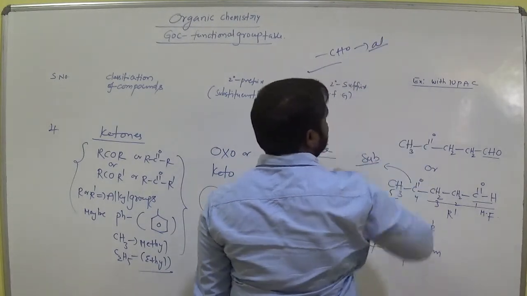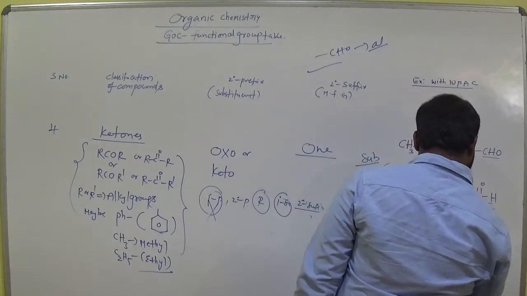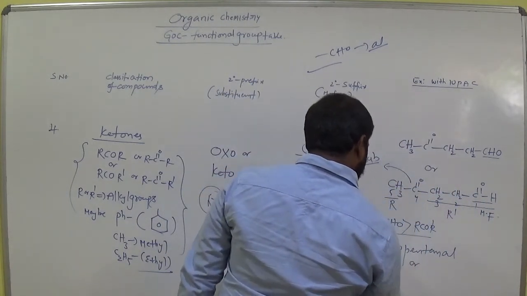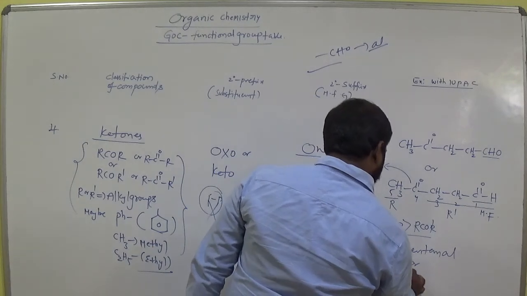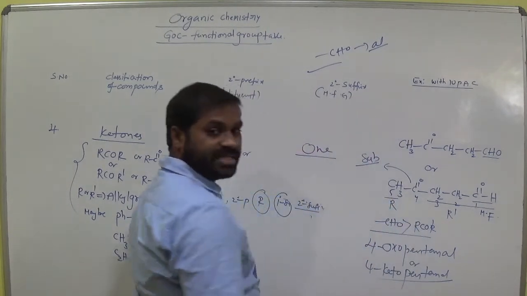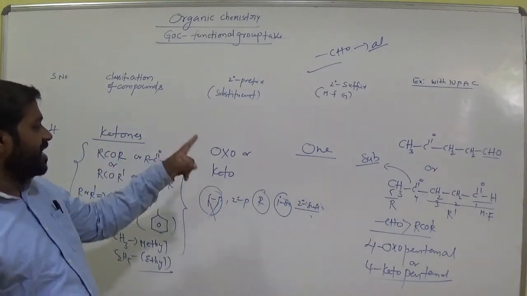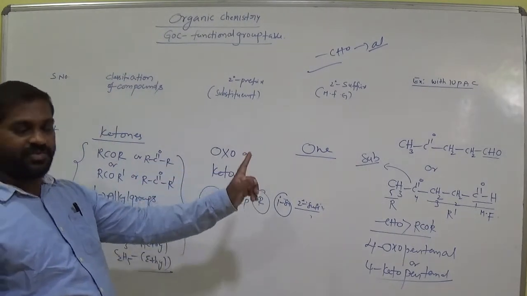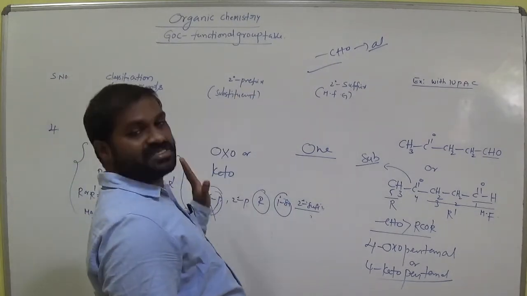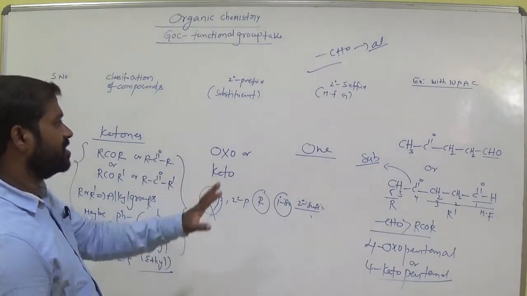So 4-oxopentanal, or 4-ketopentanal. These two are correct. Here the ketone acts as a substituent, so we take oxo or keto as the secondary prefix. Did you get this? Clear, students?